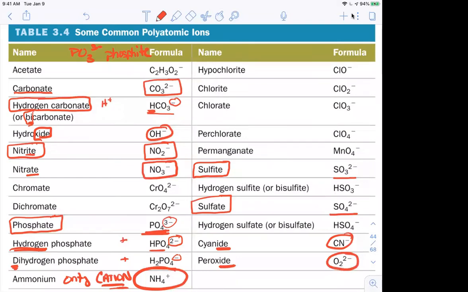I have multiple atoms and a charge, and the atoms are all nonmetals. So watch out for those ones where I have an IDE ending, but this is not hydrogen, hydride. This is hydrox. That OX means I have oxygen. So this hydroxide ion is going to be one we use a lot.